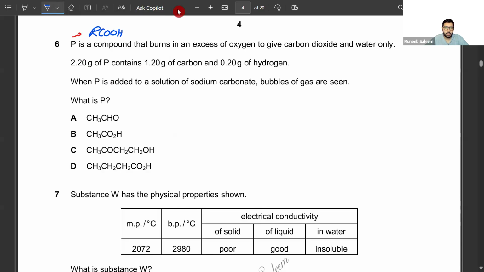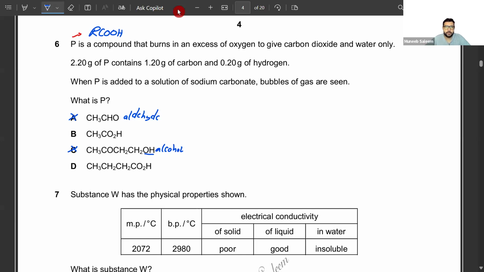Among these 4 compounds provided, A is an aldehyde, so it is not in our list. The C is an alcohol, so it's also not in our list. So these 2 options are ruled out. We are now left with B and D because both B and D are carboxylic acids. Now here we have to determine the right answer from these 2 options.